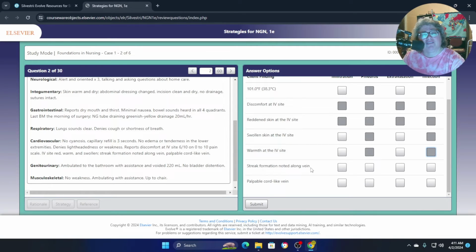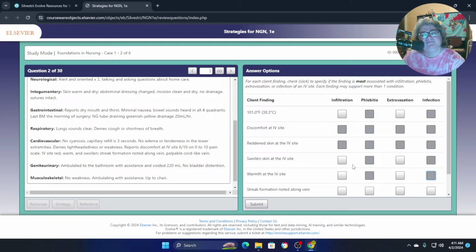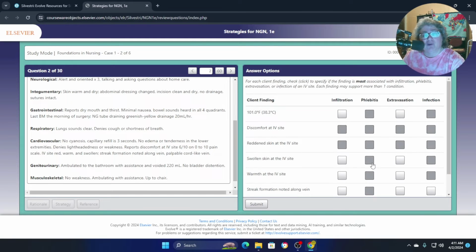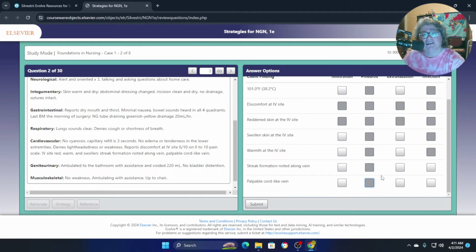Streak formation at the IV site, due to phlebitis for sure. I just think phlebitis. And what about palpable cord-like vein? That's definitely phlebitis. So, when we're done answering the questions, let's check it again.